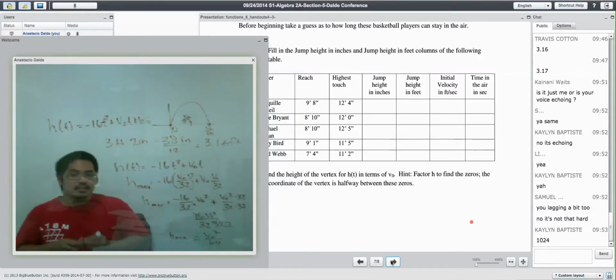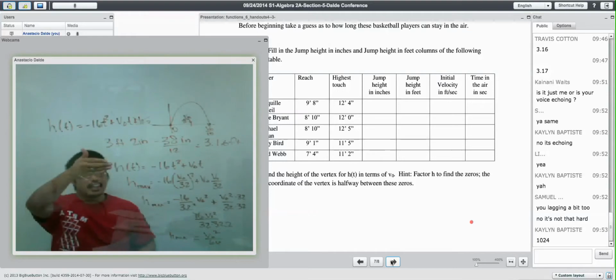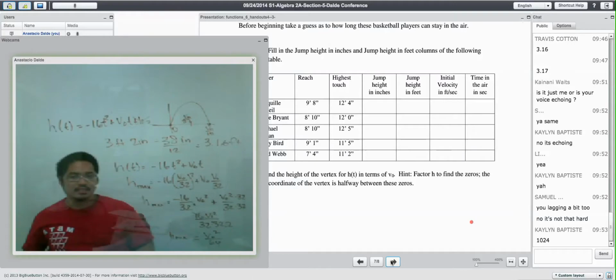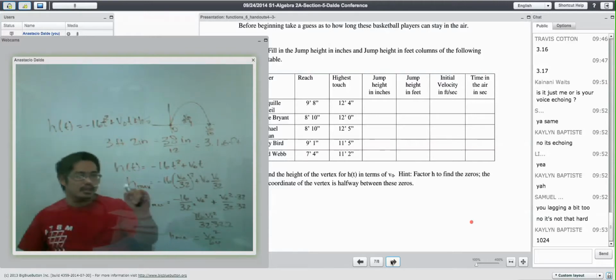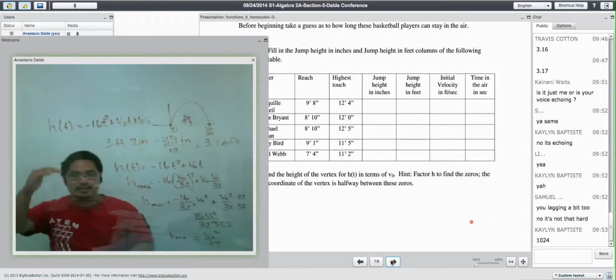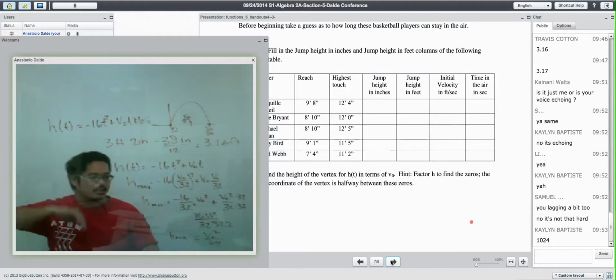This isn't the h at any given time, but the h at a very specific time. At the time v naught over 32, whatever the velocity that they jumped at divided by 32 is, and apparently that is the time at which the vertex hits. So the highest height that they can reach happens at v naught squared over 64.